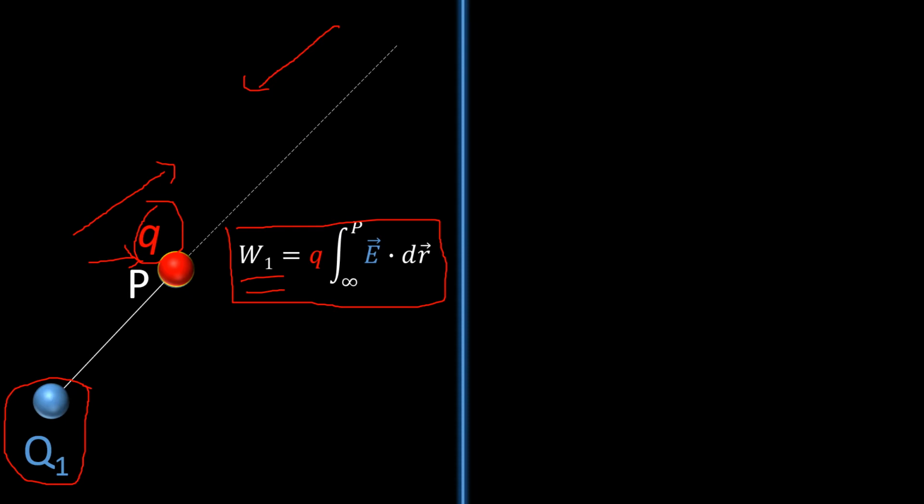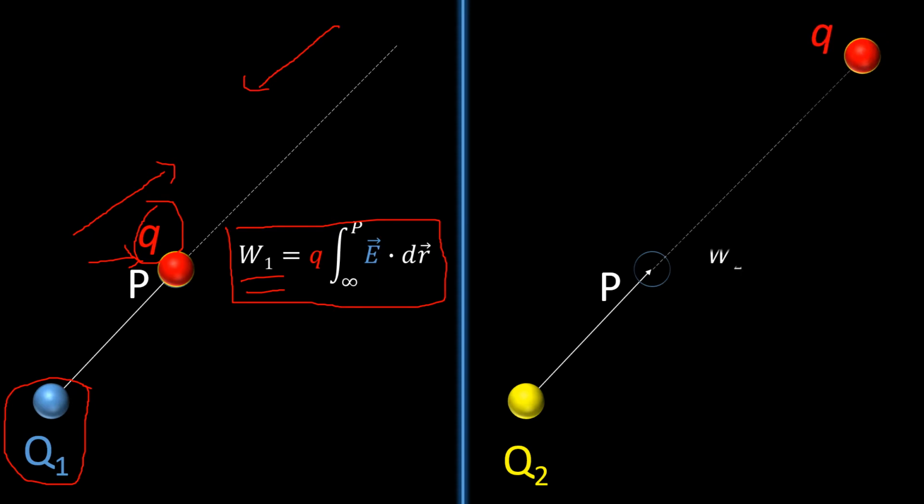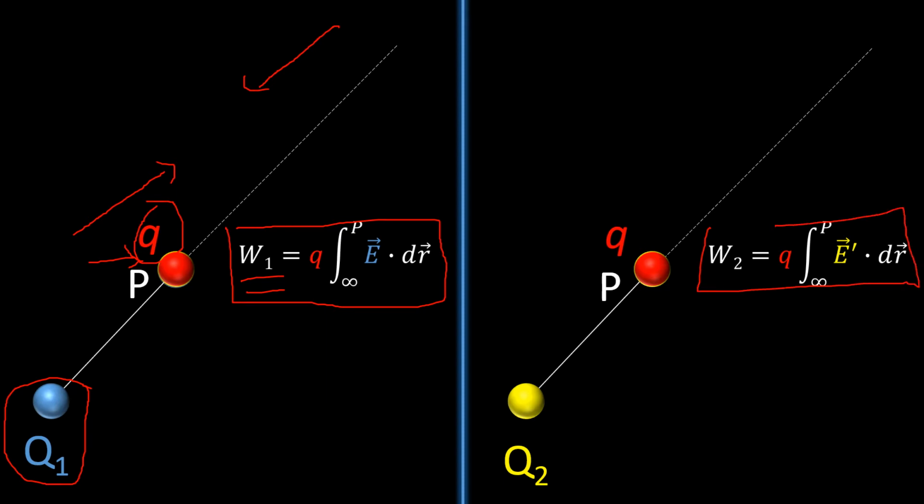Okay, now consider another charge q2, and let there be a similar point P again at the same distance, and again we consider our small charge q, and let us bring it again to point P, and now the work done is W2. Now what is this E? This is the electric field of q1, and what is this E prime? It is the electric field of q2. Okay, and as the electric fields are not the same, W1 is not equal to W2.